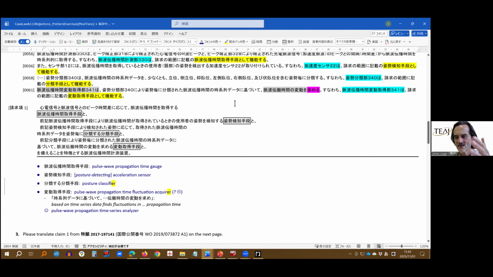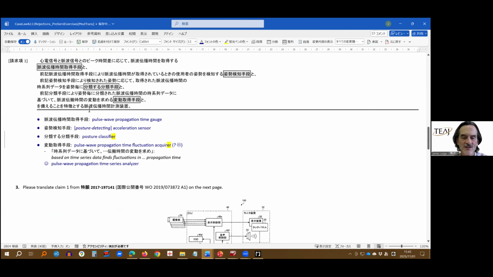So as I started to say, I dug a little bit deeper, and what I found by looking at the spec is that in some place in the spec, it says here GK 列 data に基づいて. So I thought that we could call this Hendo Shutokubu a time series analyzer, and that might work as a way to avoid means plus function interpretation.